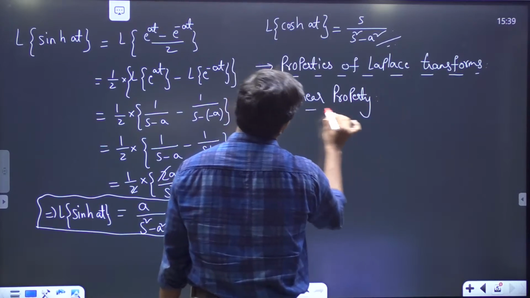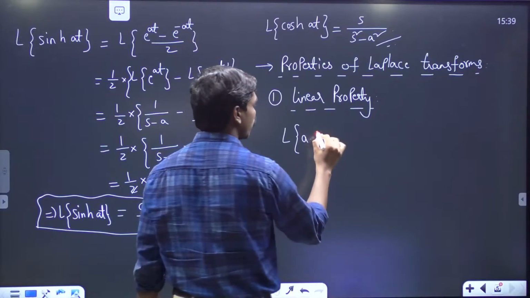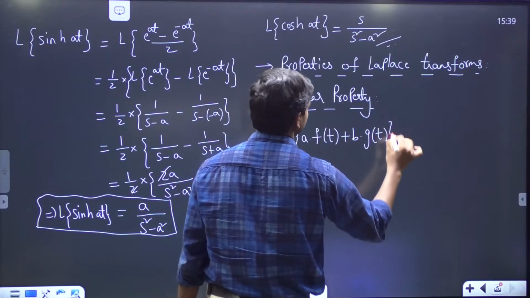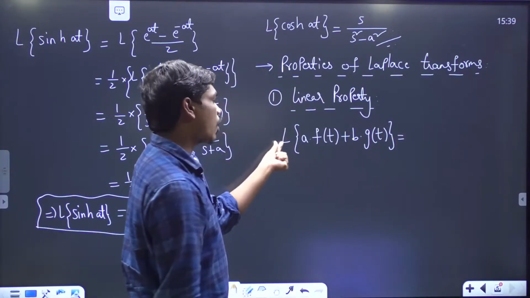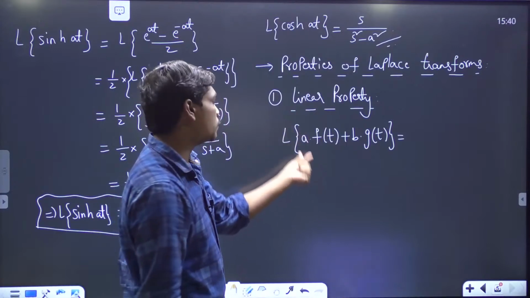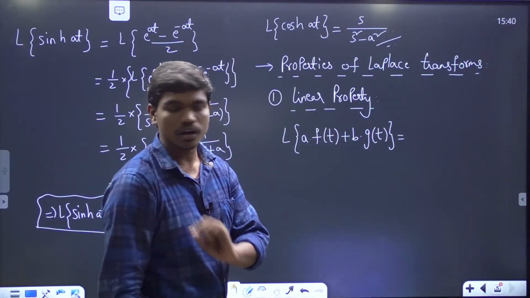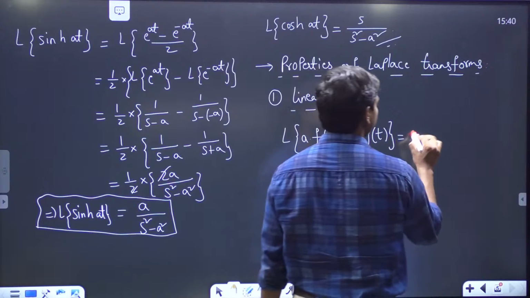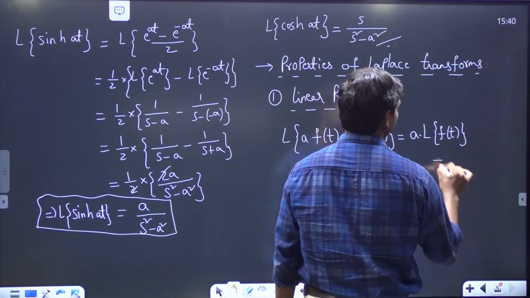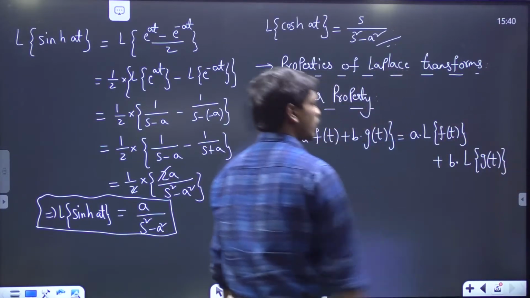Suppose you have a combination of functions with a linear multiplication of scalars, a into f of t plus b into g of t, things like this. Then this Laplace operator, where L stands for the Laplace operator, is the integral from 0 to infinity of e power minus st into this function a into f of t plus b into g of t. And since integration can be split at all plus and minus signs, this can be written as a times the Laplace transform of f of t plus b times the Laplace transform of g of t. This is what we can write here.